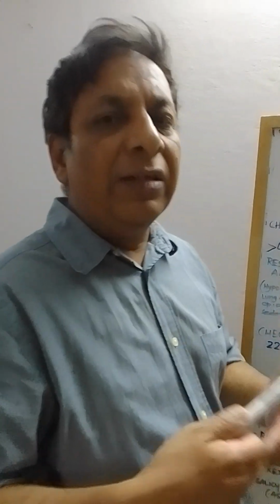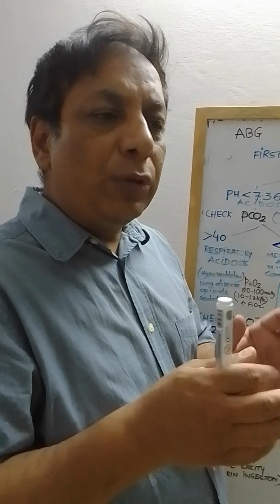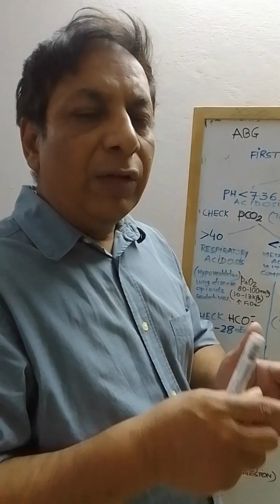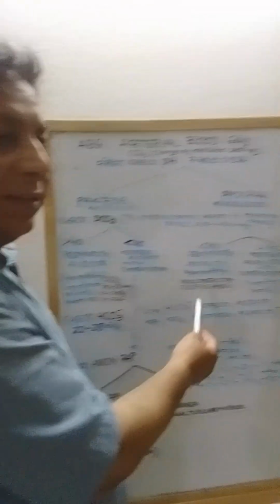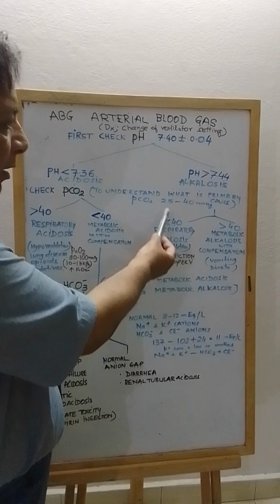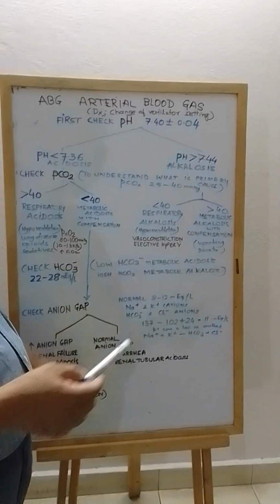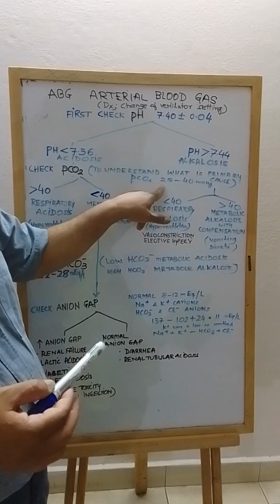So the aim is to decrease the ICP in all patients where the ICP is raised, such as head injury patients or after surgery. Sometimes we put the patient on a ventilator with the aim of keeping the PCO2 less than 40, usually at a lower level, around 25 to 26 mmHg.